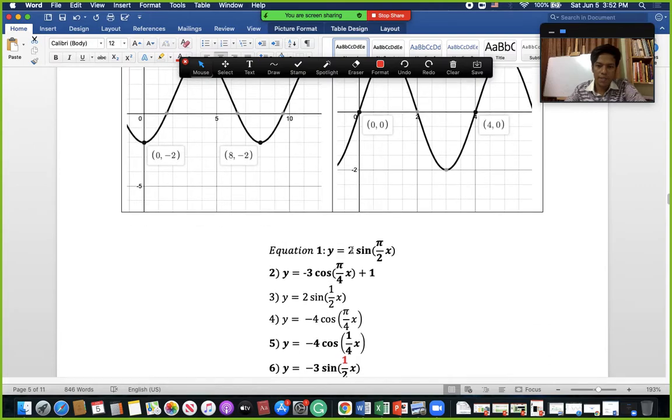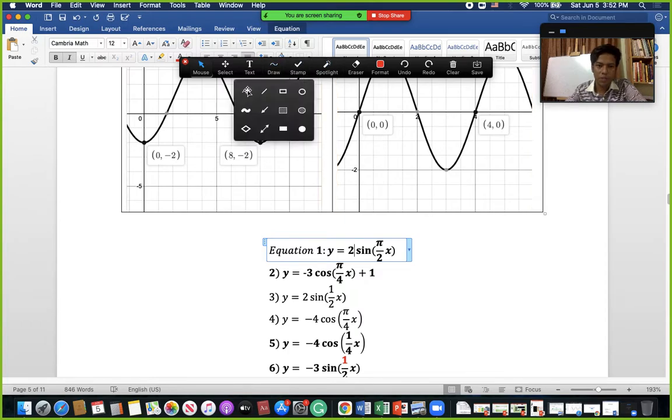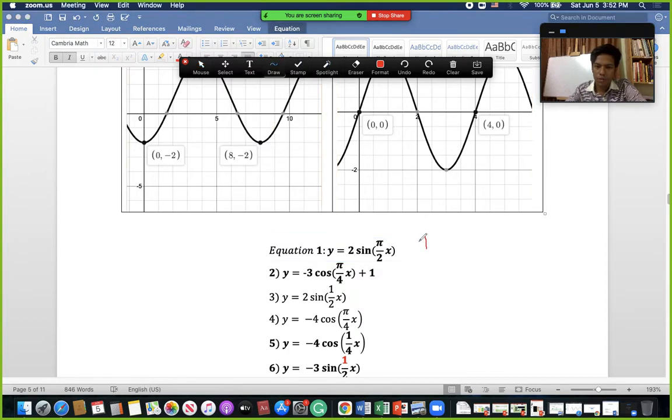So let's say this is the period of the function, and this is the amplitude of the function. To find the period we use T equals 2 pi divided by omega.